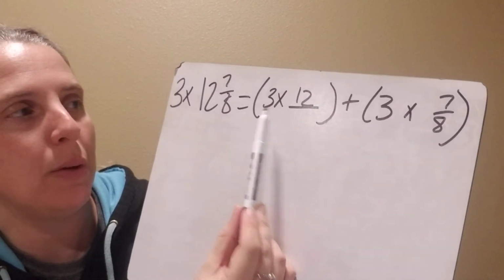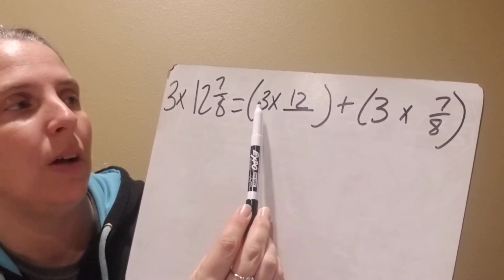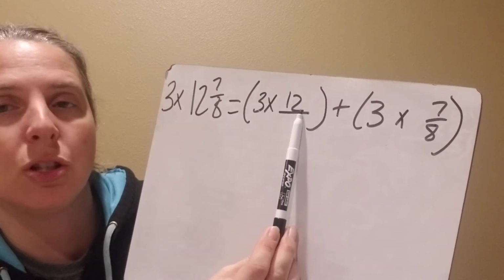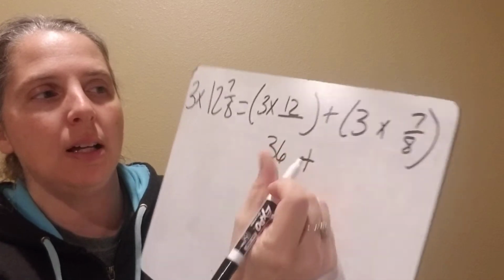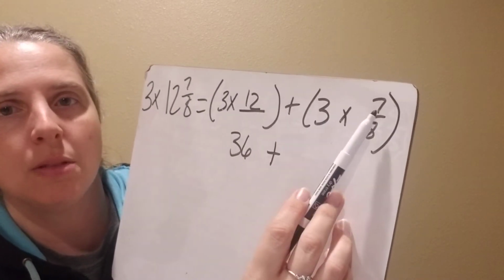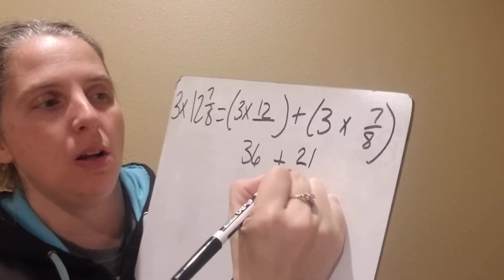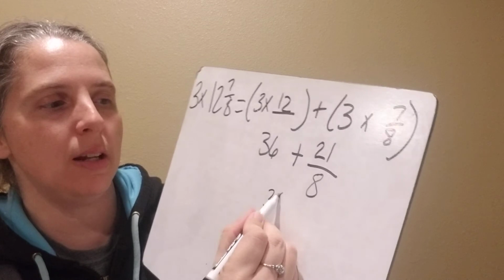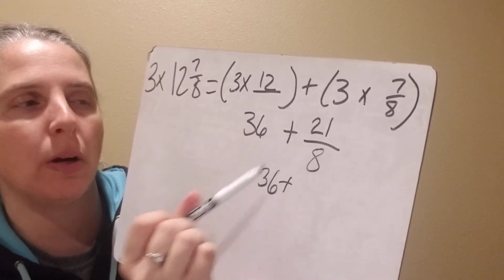Let's solve them. 3 times 12. If you don't know that one off the top of your head, think of 3 times 10 is 30, and 3 times 2 is 6, so it's 36, plus 3 times the numerator, 3 times 7 is 21 over 8. Okay, so now it's 36 plus, let's see, how many times can 8 go into 21?